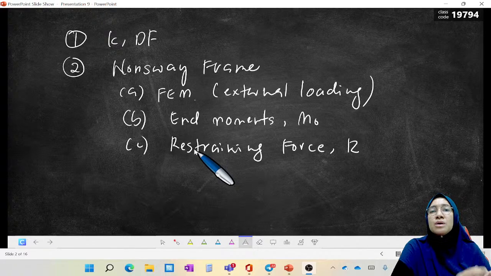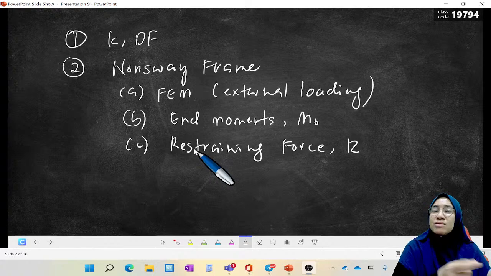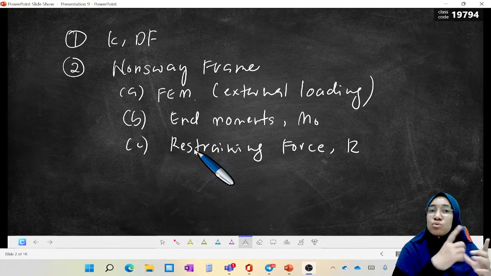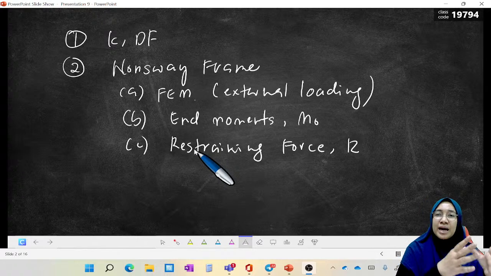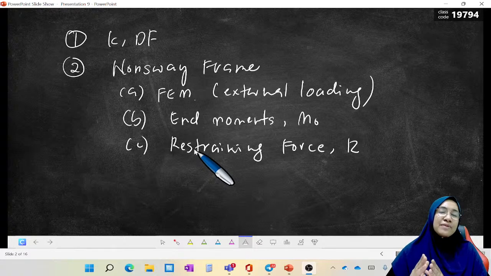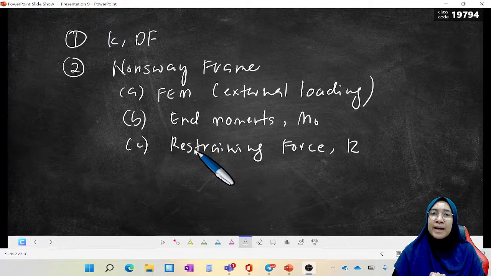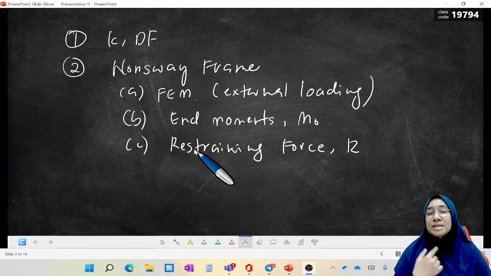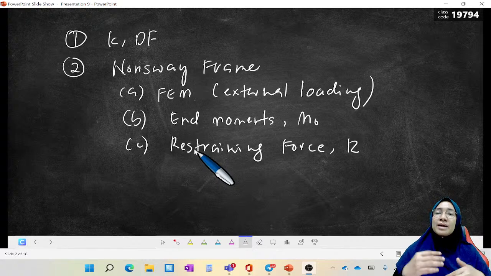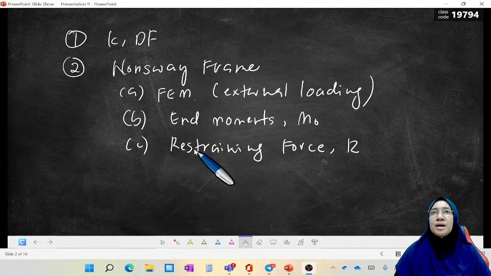So we can just substitute the delta into the formula, then we can combine FEM as one. We can calculate FEM due to external loading, and we can also calculate FEM due to delta, due to settlement, and we can combine the FEM and put it into one distribution table, so we can continue to distribute moment and find the final member end moment for the beam, for example.